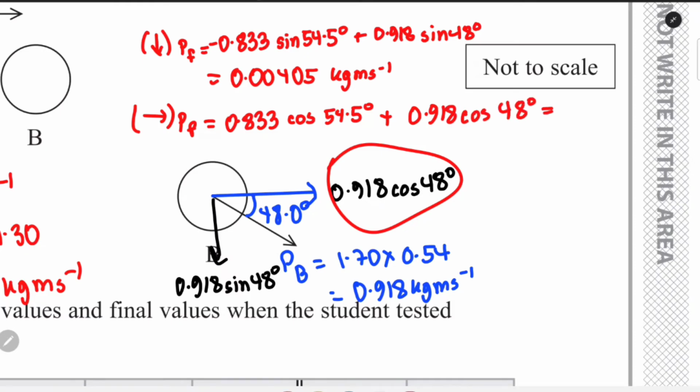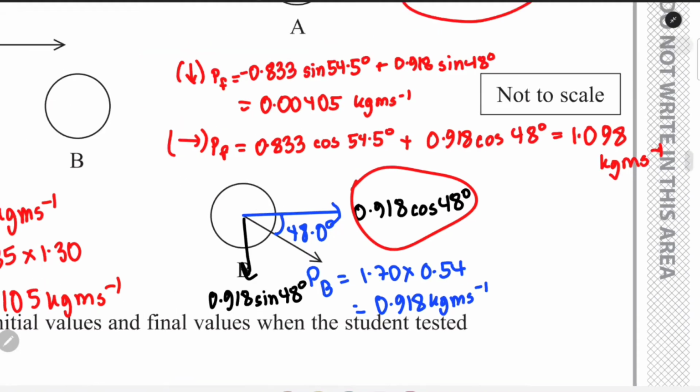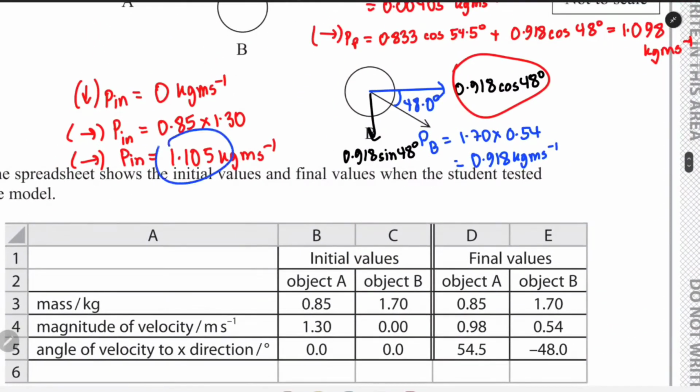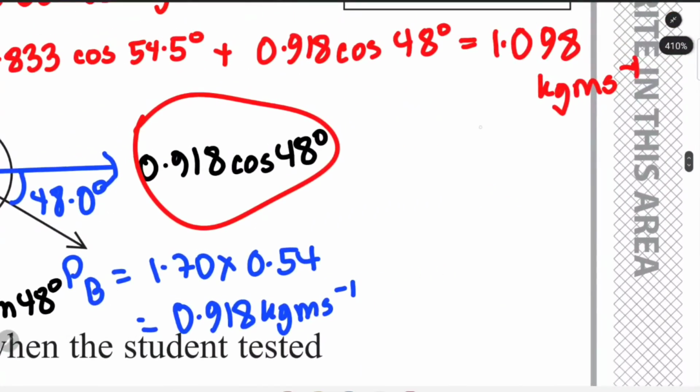This comes out to be 1.097, so 1.098 kg meter per second. This is the final momentum towards the right. This value over here is 1.1. So this value is almost 1.1 approximately. This is also 1.1 approximately.